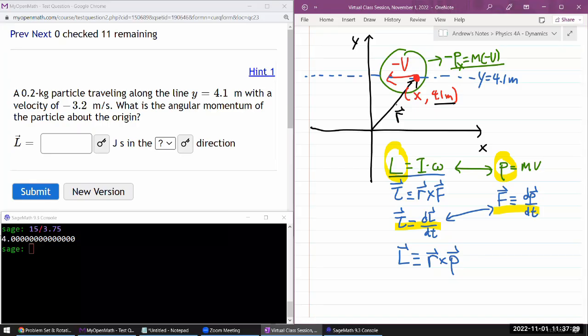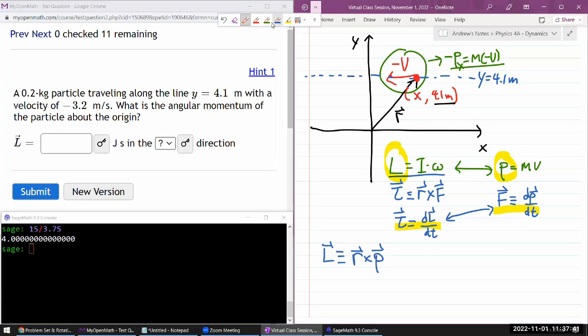So let's see if we apply this definition, it'll give us an answer where we don't need to know what this x is. By the way, there's an easier way to do it. Let me just state it for the record. You can use the concept of lever arm, and angular momentum is lever arm times momentum. That'll work fine. Let me just use cross product here since I have it all written out.